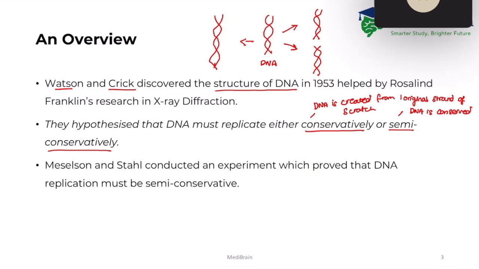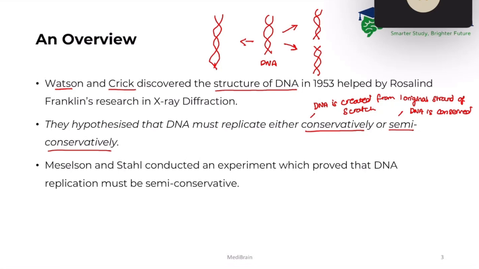Okay, and Meselson and Stahl were the two people that conducted an experiment to get an answer basically, and they proved that DNA replication should be semi-conservative. Okay, which is the way that we know it now, about how DNA helicase breaks the adjacent hydrogen bonds.